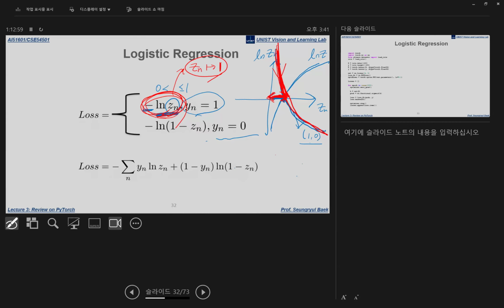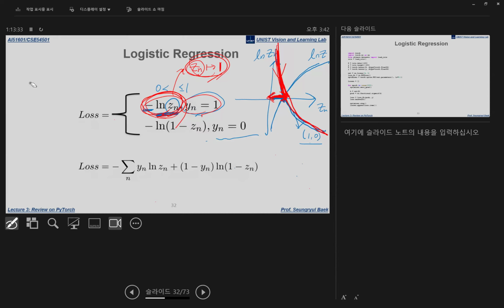Okay, that coincides with our objective. So when yn is 1, we want to make our final output Zn close to 1. In that case, if we threshold Zn, Zn will be larger than some threshold, and eventually we predict those samples as one class.